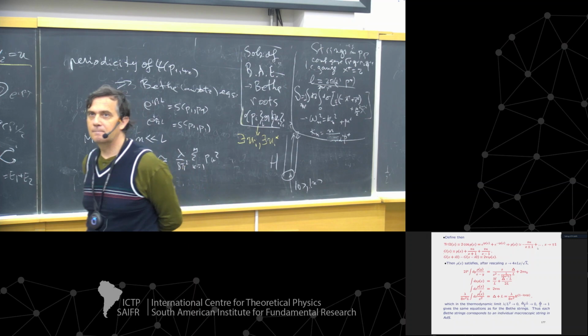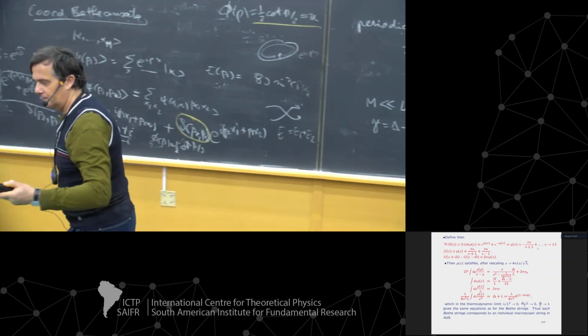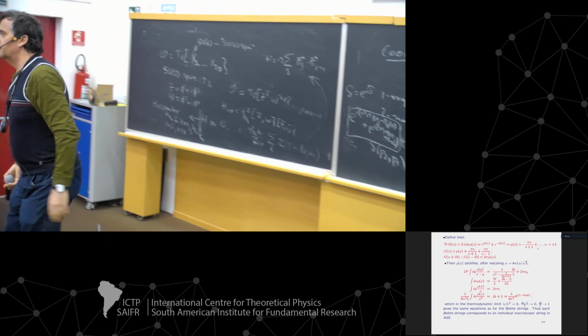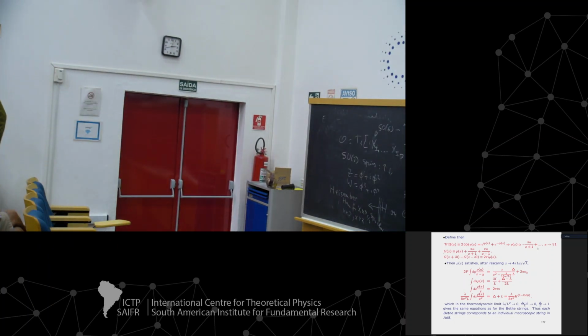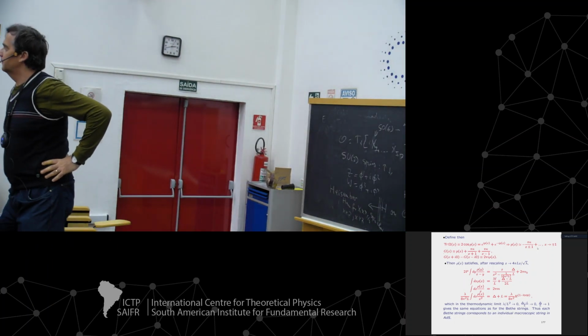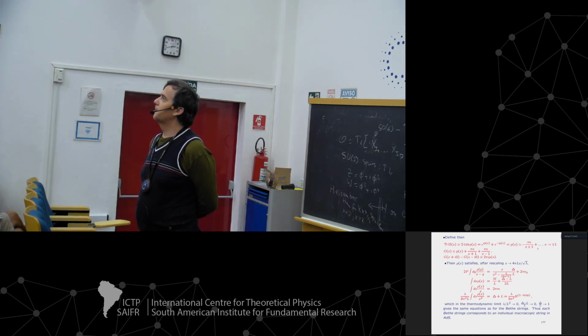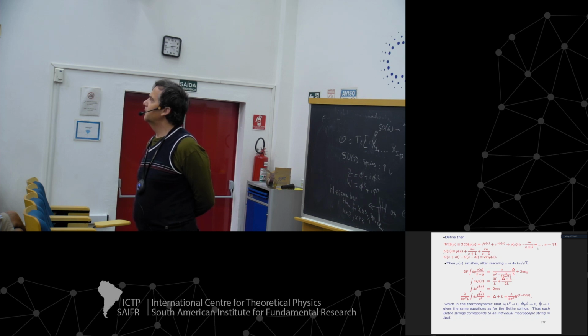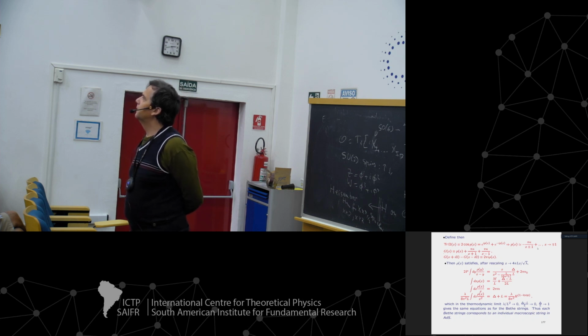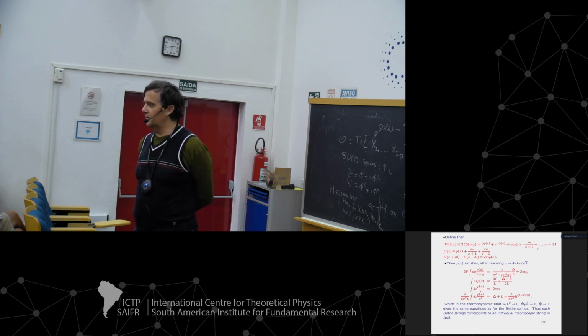Questions? Yeah, question. Sorry to go back to the first part, but what happens to the other background fields for the string in the BMN limit, when you take the Penrose limit and so on? What happens to the other fields? Like you have the B field, you have the Ramond. Oh, you mean the limits of, yeah.